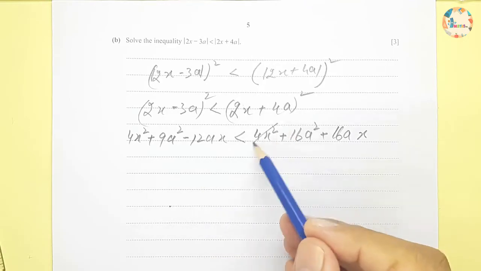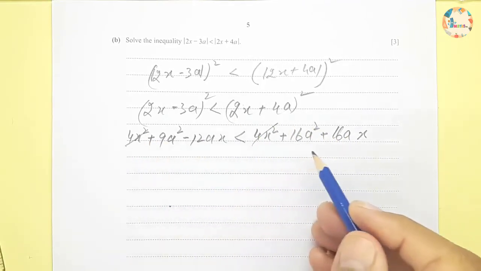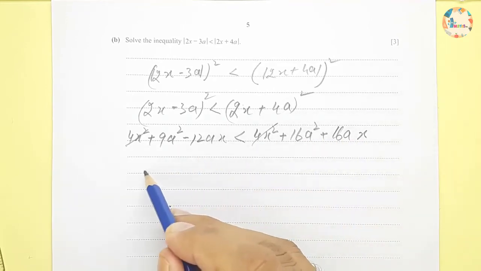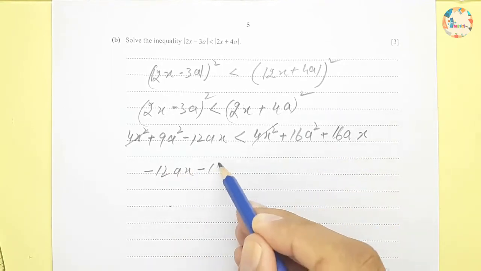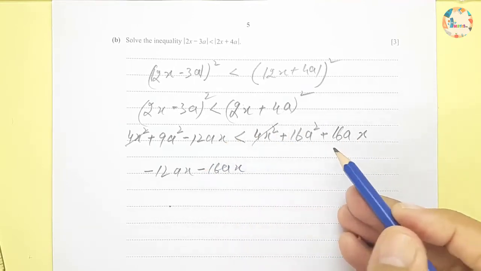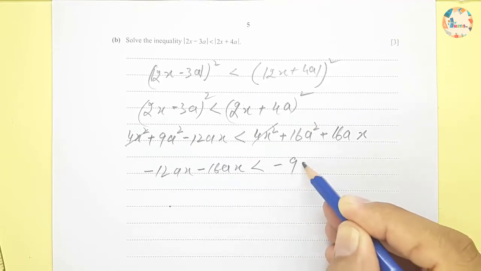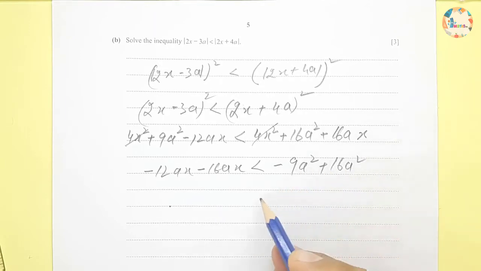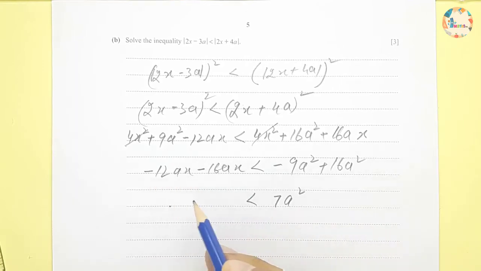Now these two we can cancel, and there's no other cancellation, so 9a squared and this, we can shift this. Minus 12ax as it is, and the ax is over here, so minus 16ax, we can shift this to this side, and this 9a squared we can shift to this side, so minus 9a squared plus 16a squared. So on this side it will be 7a squared.